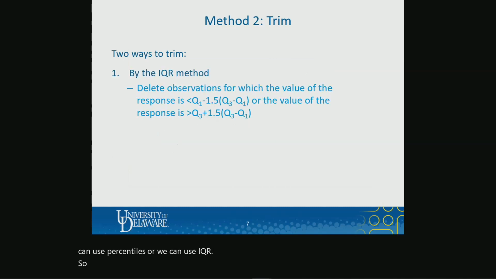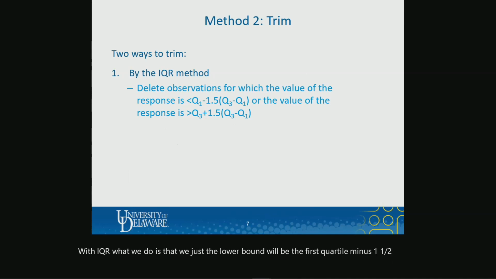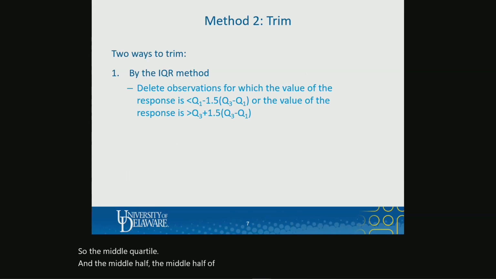With IQR, the lower bound would be the first quartile minus 1.5 times the difference between the first and the third quartiles. So the middle quartile, the middle half of the data. We want to see how wide is the middle half of the data.